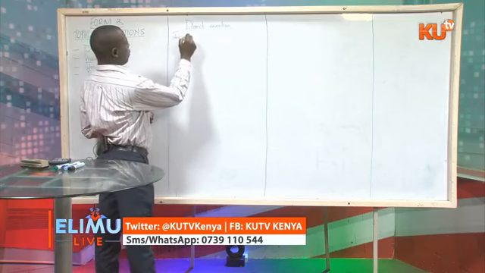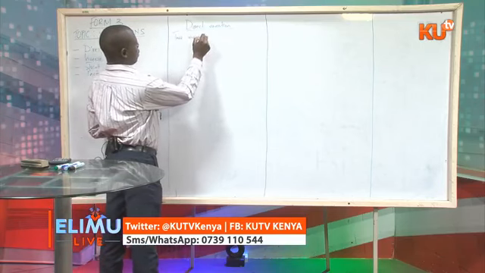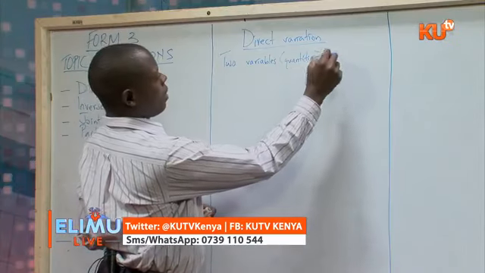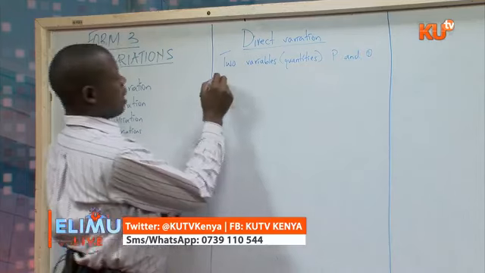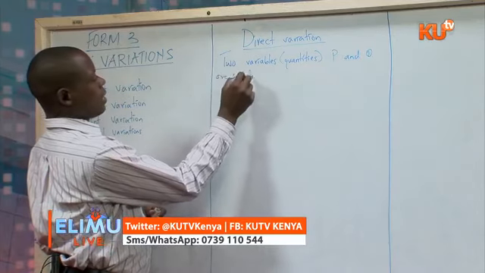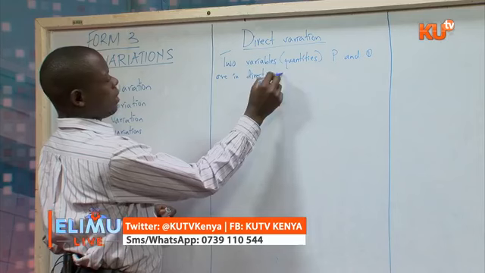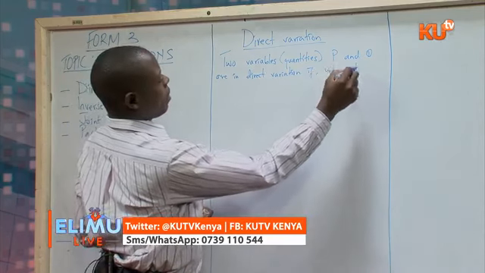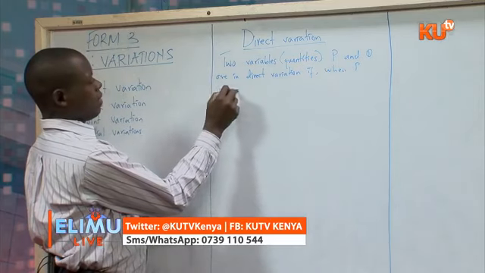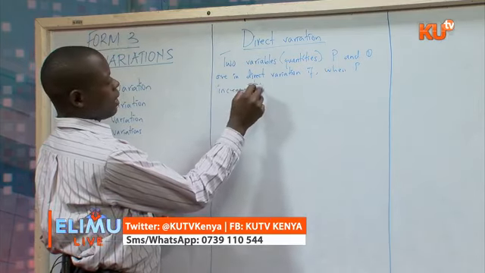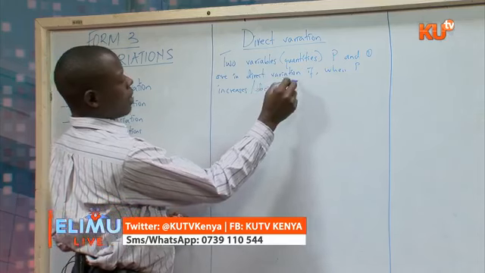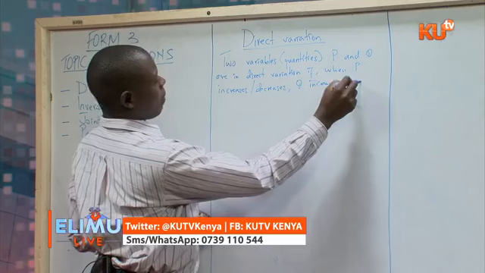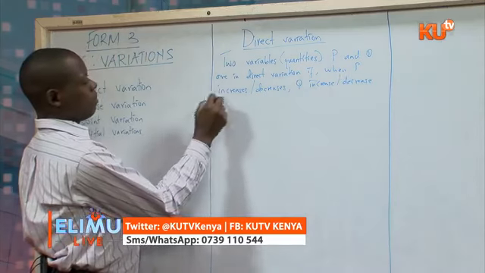For example, we say 2 variables or quantities, P and Q, are in direct variation if, when P increases or decreases, Q increases or decreases in the same proportion.